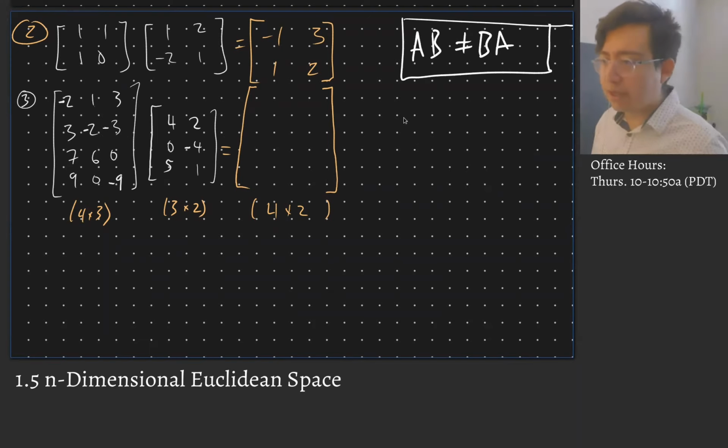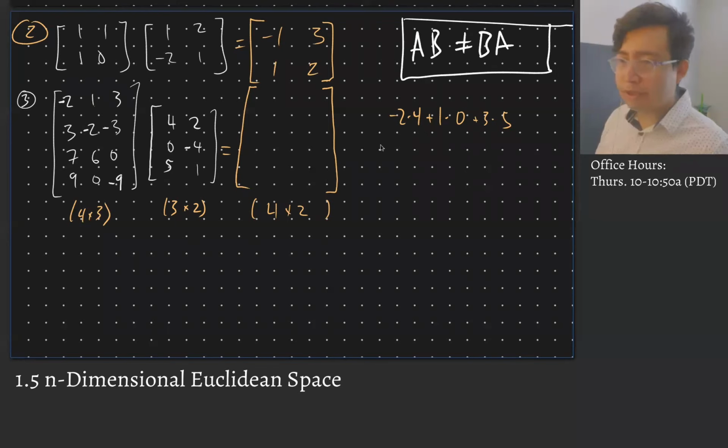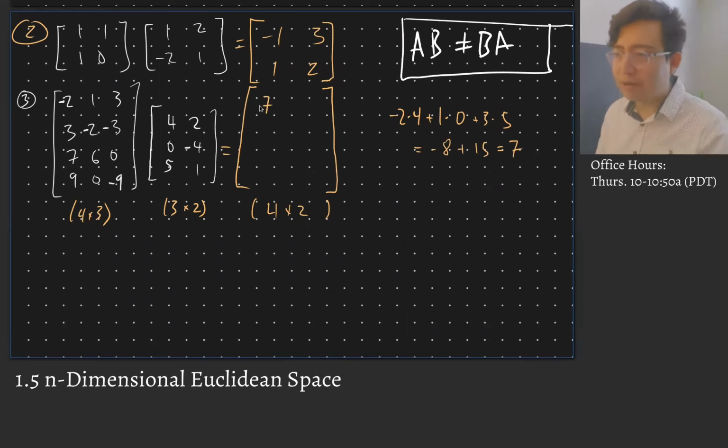So this is -2 times 4 plus 1 times 0 plus 3 times 5. It's the dot product of this row with this column. That simplifies to -8 plus 15, which is +7. So you get a 7 in this entry here. Okay.